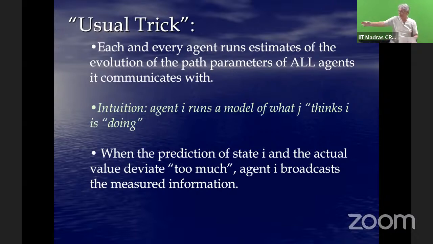You don't need to communicate at all times with the other person that you don't see. So because you are assuming conceptually that you are already on the path, the models of the vehicles flying along the paths are very easy. Simple integrators, gamma i dot equal to something. So you are running with me, and I run a model of what I think you think I am doing.